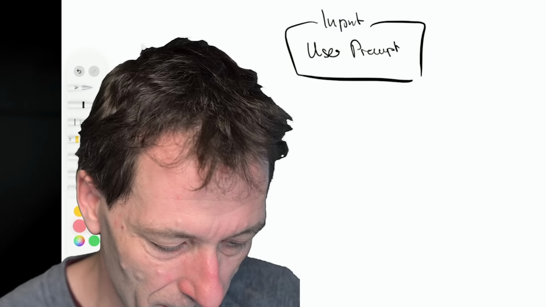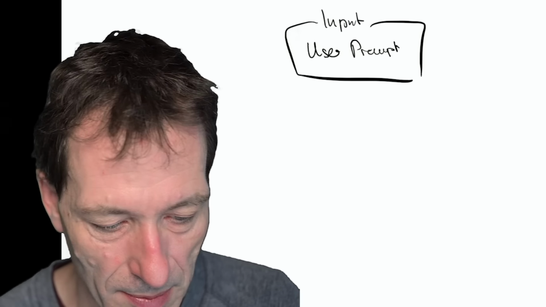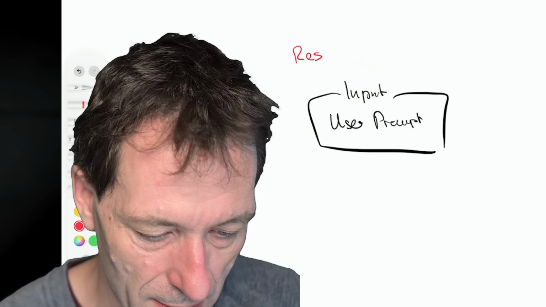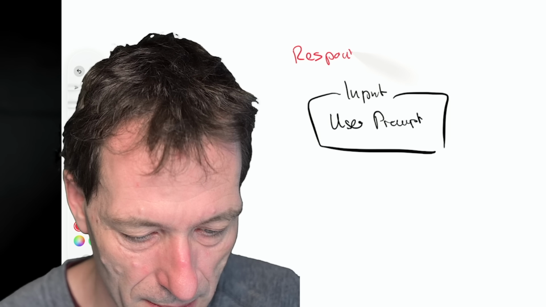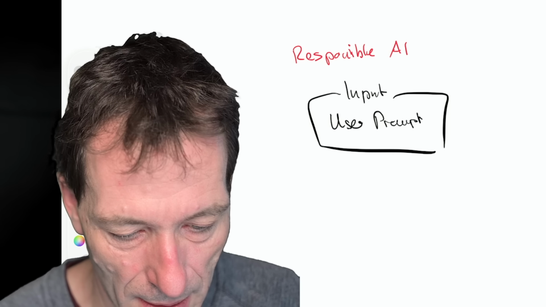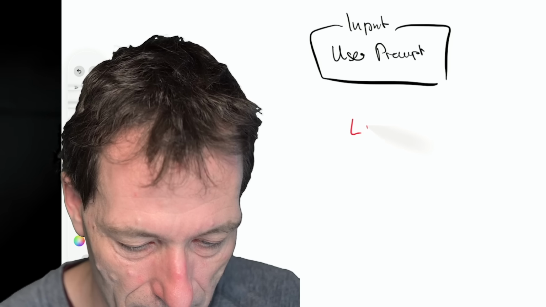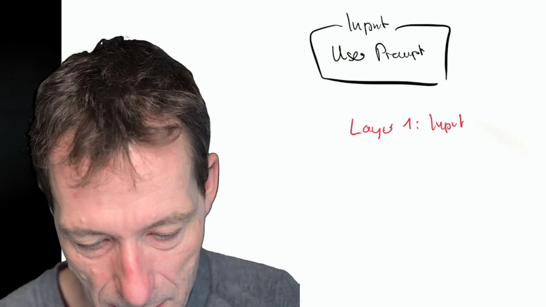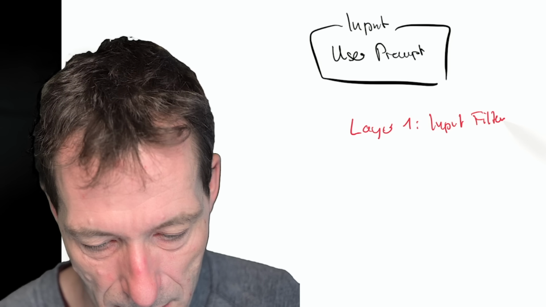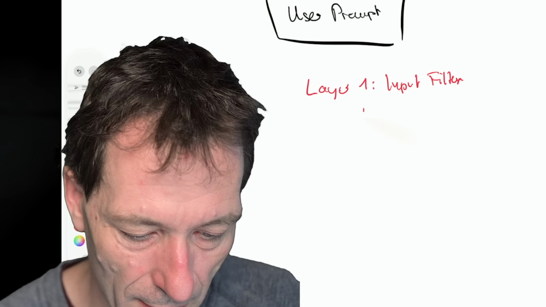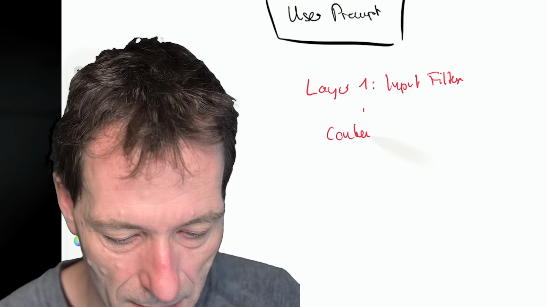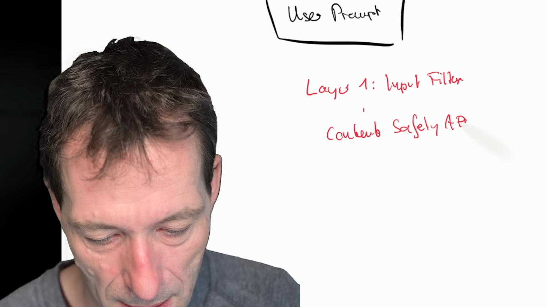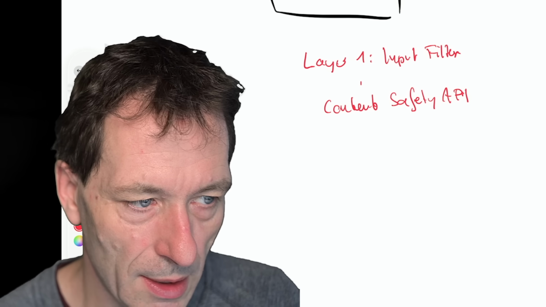So layer 1 of defense of responsible AI is the input filter. First there is the content safety API that filters a lot out.